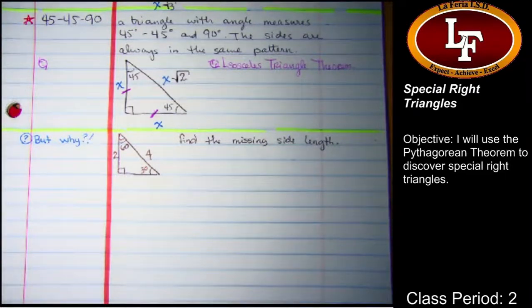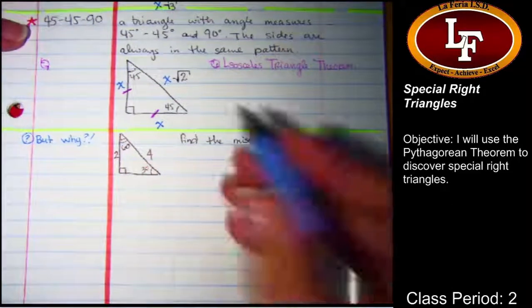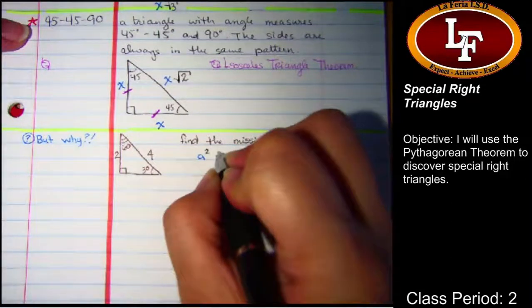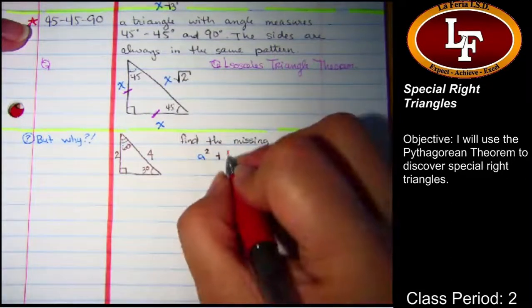Okay. Well, let's go figure it out. What kind of triangle do we have? It's a right triangle, because we have a right angle in there, which means that we're allowed to use the Pythagorean Theorem in order to check relationships.